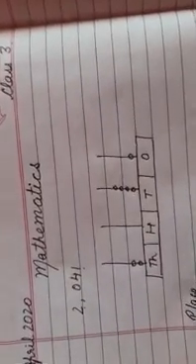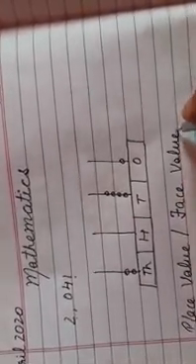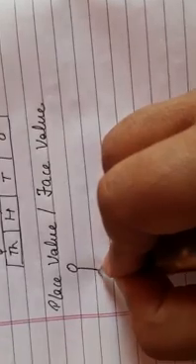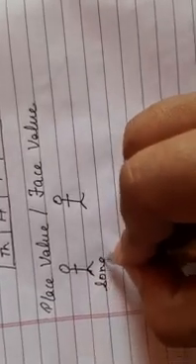Today, we are going to study a new topic, that is place value and face value. Right? Now, what are these terms, place value and face value? To understand these terms, let's take two girls. This is Sona and this is Mona.